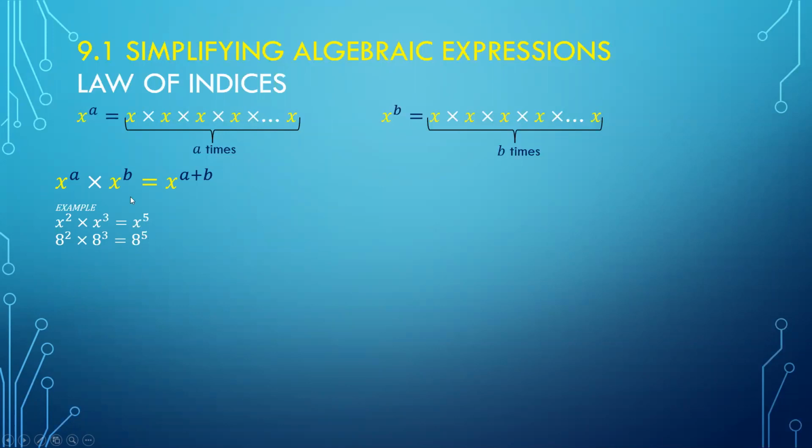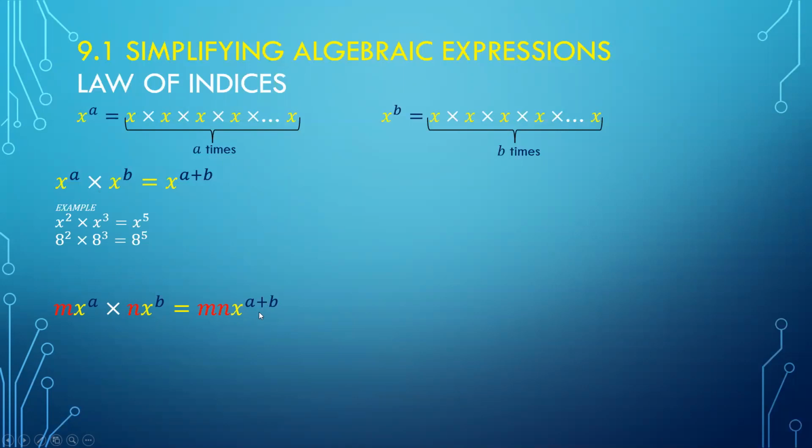As for the extension of this, let's say we have a number in front of x power a and x power b, just like when we have m and n. So basically, the law still applies when we do this. But when we have a number in front, we need to multiply the numbers also, to become m times n. You put it in front, and this one follows the law.